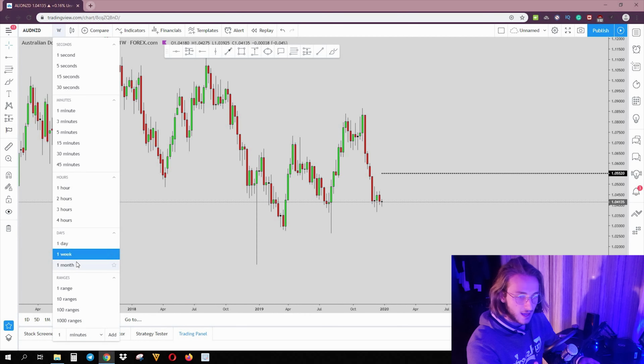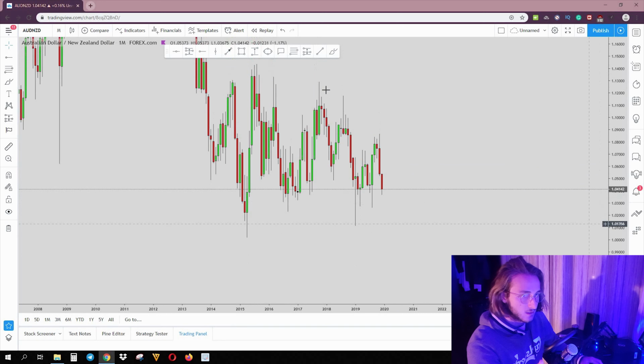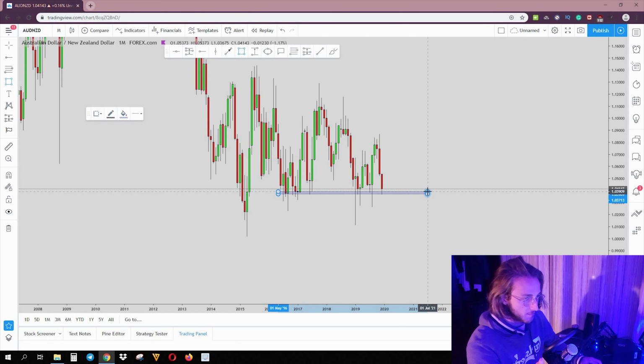Now, if we go in the monthly time frame, what we get is a market that is currently rejecting this very strong support area, rejecting it multiple times. And from this level, we expect the market to make a retracement. Why?